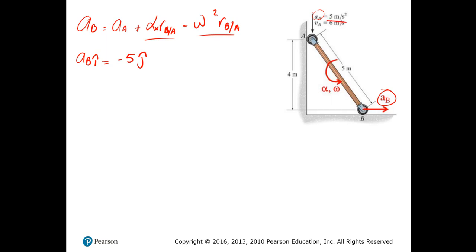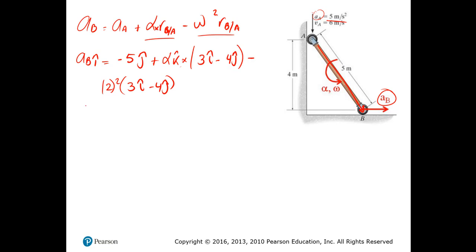And that comes from this one, plus alpha, which you don't know, but you know that it's in the k direction, cross product of your vector r, this one right here, and that vector will be equal to 3i minus 4j, and this is minus omega squared, which is 2 squared, that multiplies the same vector, which is 3i minus 4j. And don't forget, I've said it so many times, but this is a scalar multiplication, and this one is a cross product.